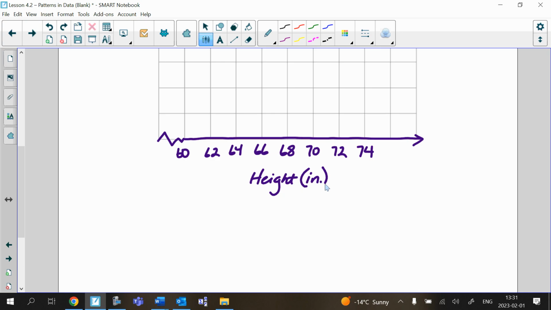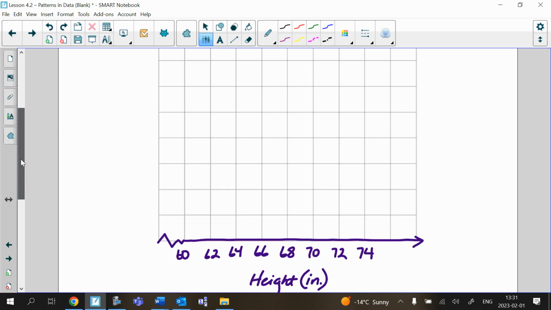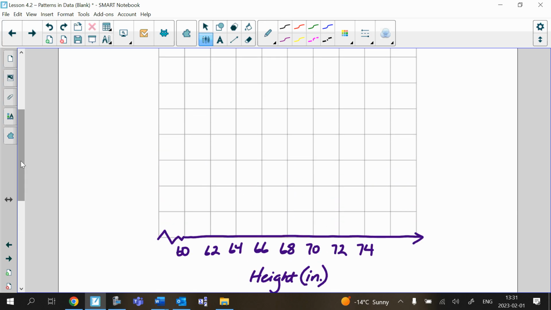For the weight, we don't want to start at 0 because then there's too many to plot. So we look at the lowest value, which is what, 110? And the highest value is 200. So we want to do a little squiggly here and maybe start at 100 and go up by 20s.